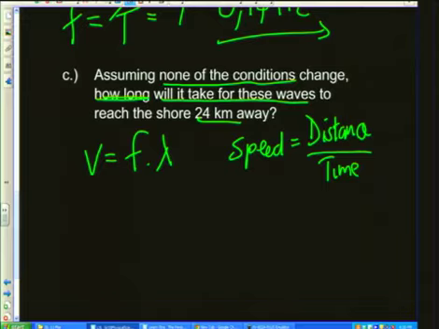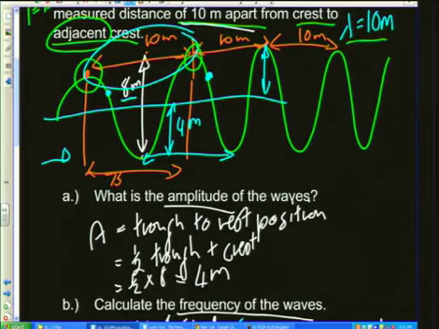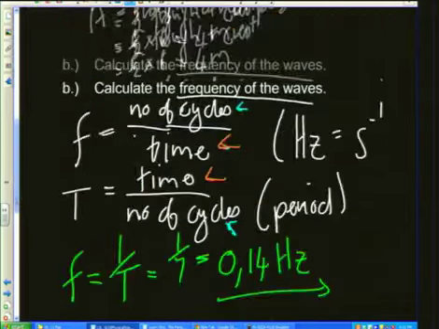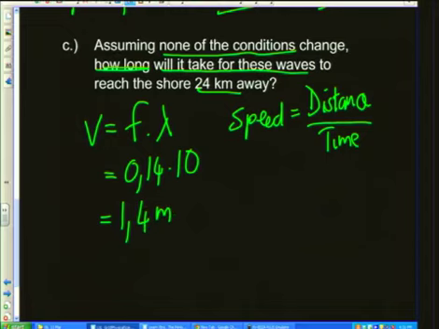So let's see, we've got frequency over there. Remember what I told you, this was wavelength, so I've got that. It's in meters, it's in SI units, and so I'm going to substitute. We've got 0,14 times 10 meters, which is going to give me a velocity of 1,4 meters per second. Now, let's take that and substitute in over here.